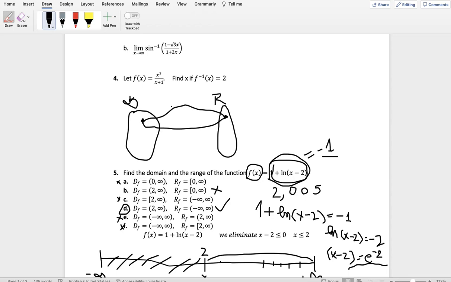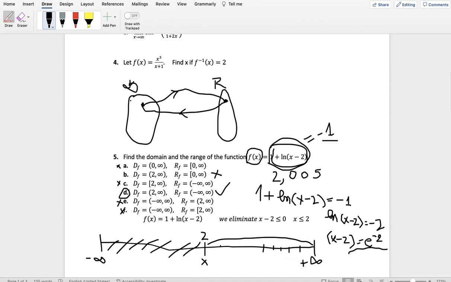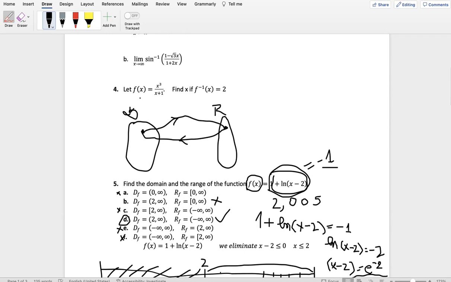So one value of x in the domain gives you one value of f of x, and one value of f of x is equivalent to one value of x in the domain. And the way inverse functions work is, for a normal function, you have the domain and then you have the range. For an inverse function, the range becomes the domain.